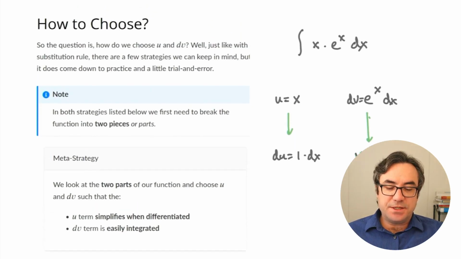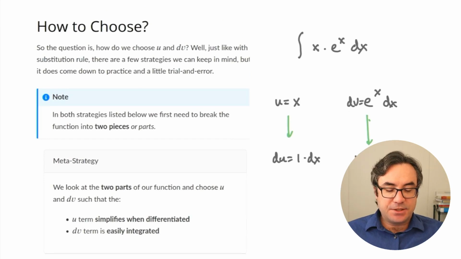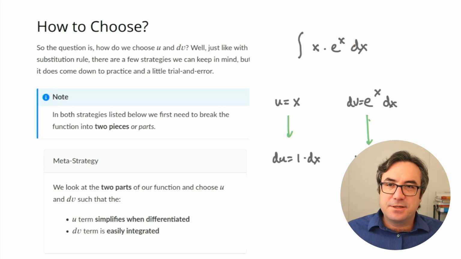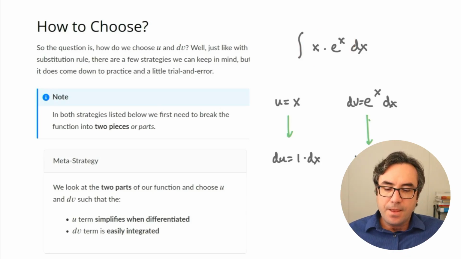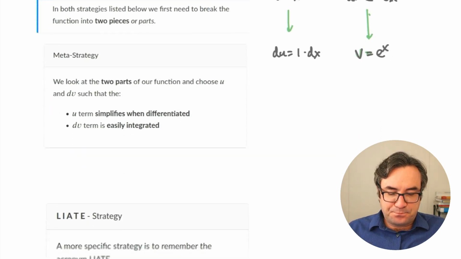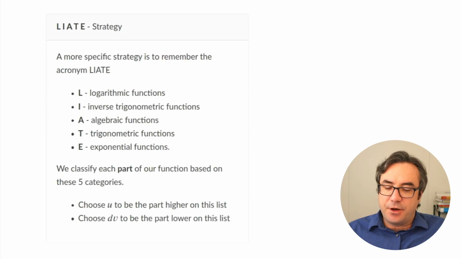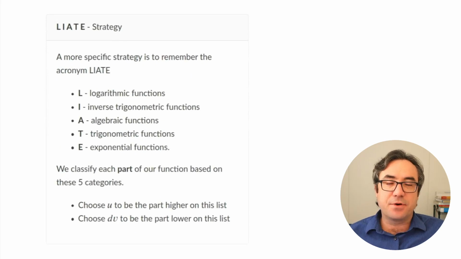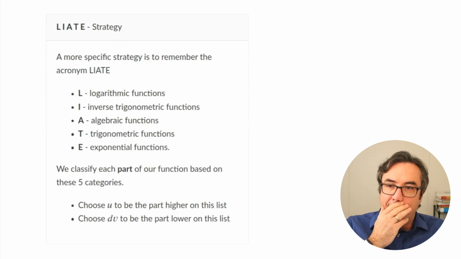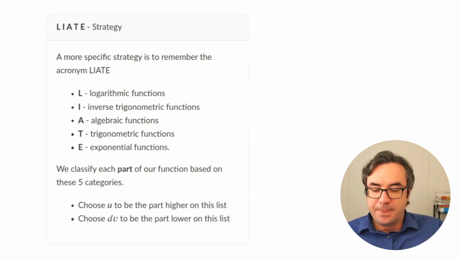So when we do these integration by parts, it's going to be helpful to look at the function and then try to break it apart and see what the different pieces of the function are. So this is one strategy to keep in mind. Another strategy for how to actually go about picking the different pieces of your function is with an acronym.